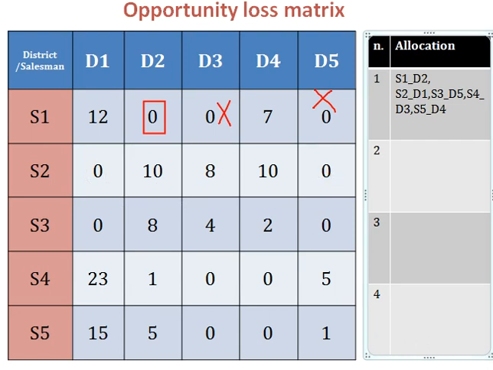So let's allocate at this 0, and we cancel out the remaining 0 in that row and in that particular column. Next possible allocation, we have only a single zero in this row since this one is cancelled out. So we can allocate over here.